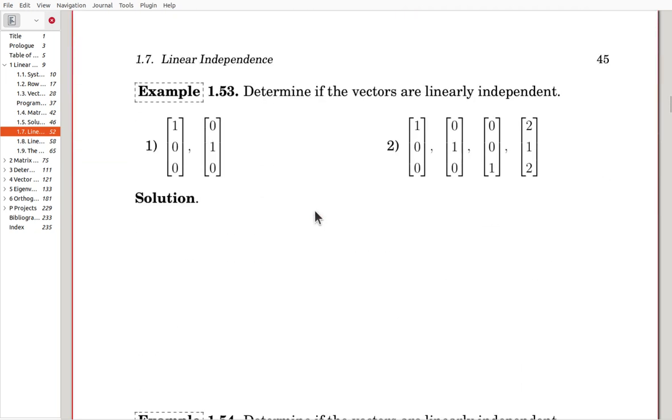Okay, let's see this example. Determine if the vectors are linearly independent. For this one, again, start with the definition, v1, v2, then x1 v1 plus x2 v2 equal 0. Then the left-hand side can be written this way.